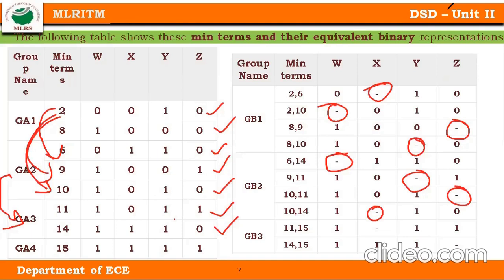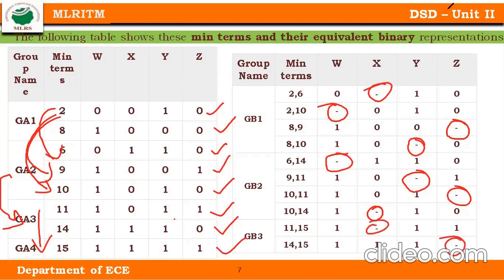So then group 2, and what is the remaining thing here? Now group 3 is compared with group 4. Okay, 11 and 15, one change is there, so 15 is also grouped. Now 14 and 15, one change is there, mark.